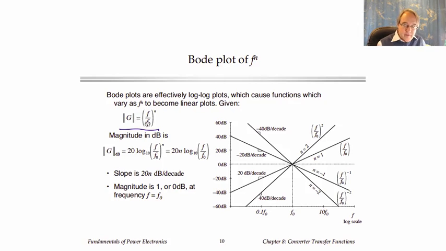So we may have a function that goes like frequency squared over, say, a frequency range from here to here, and we'll follow this curve. And then over the next frequency range, maybe it goes like frequency to the first power, and so from there we'll go with a lower slope, and so on. And so we divide our frequency response plot into different regimes, or different frequency ranges, where we have different slopes.